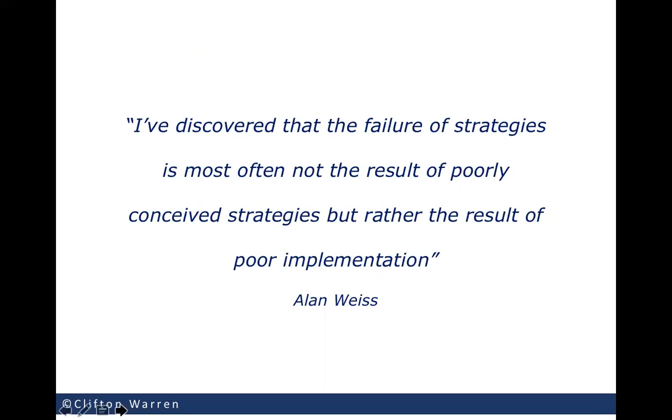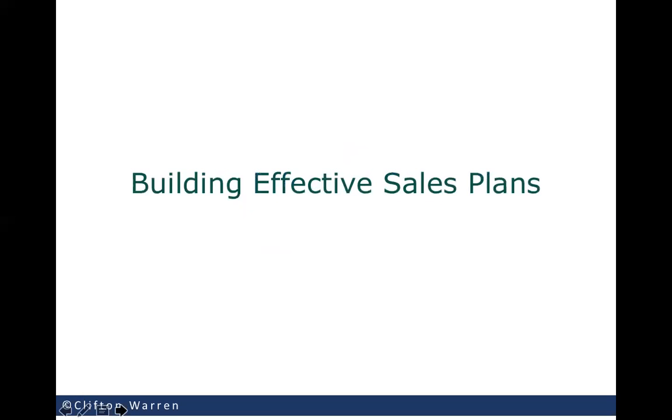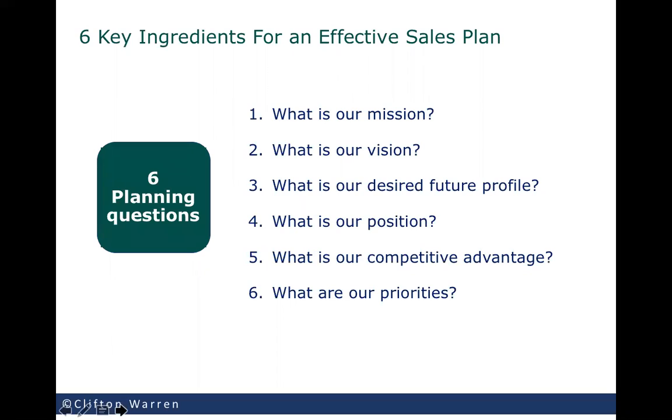So I want to simplify the sales planning process for you and show you how to build an effective sales plan. There are 6 steps in a sales plan. I like to call this the back of an envelope because this can be done on a piece of paper, on an envelope, or at most a couple of pages. 6 parts. First part is asking yourself, what is our mission?